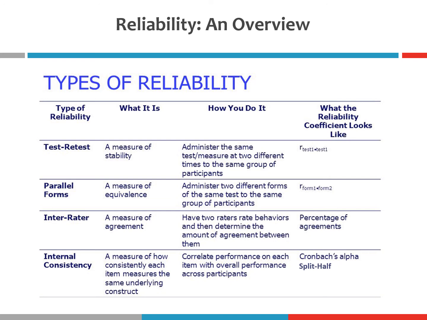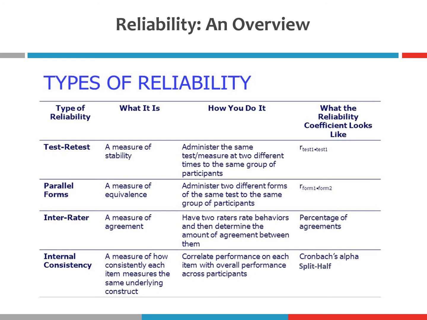Parallel forms reliability, okay, provides a measure of equivalence when we have 2 different versions of the same test, okay?